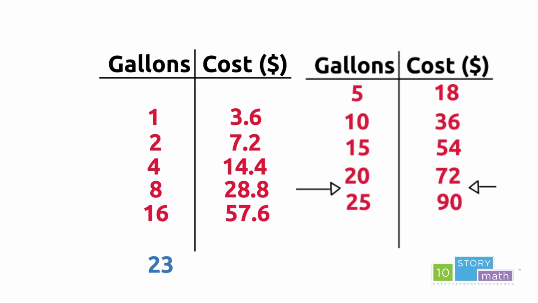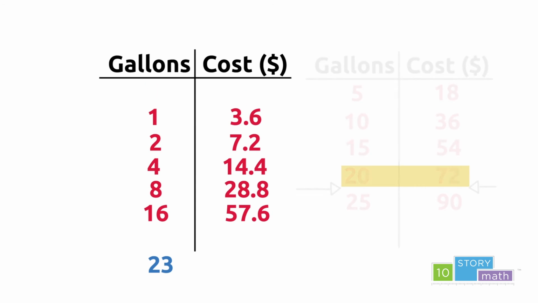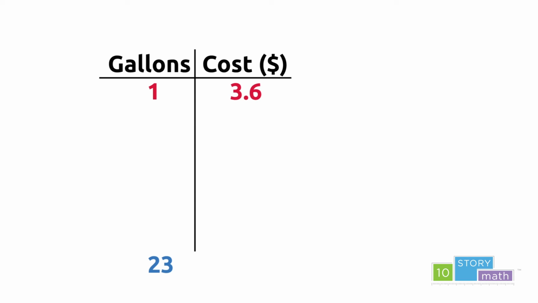Or if we revisit our initial data, you can begin at 20 gallons, costs $72, and count up by ones from there. In the final approach I'm going to model, I'm going to show how to hit the target of 23 gallons using multiplication and our understanding of math fact families. If we count by 1 gallon all the way until we reach 23 gallons, we're going to need to count by ones 23 times.